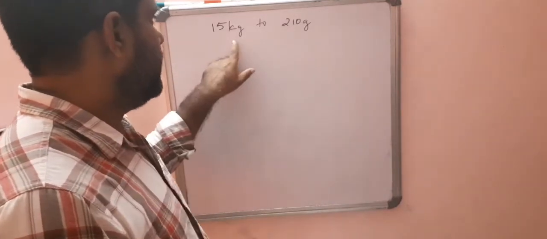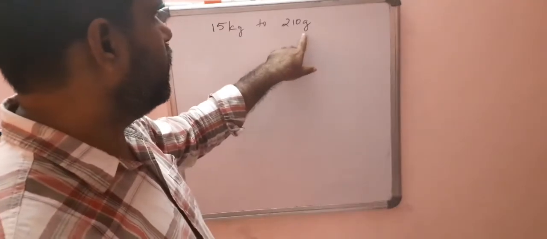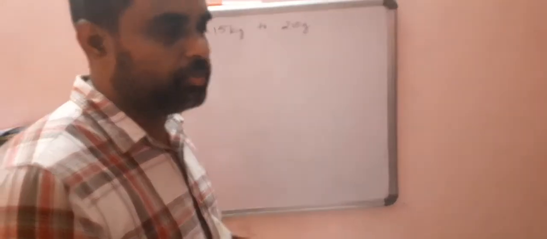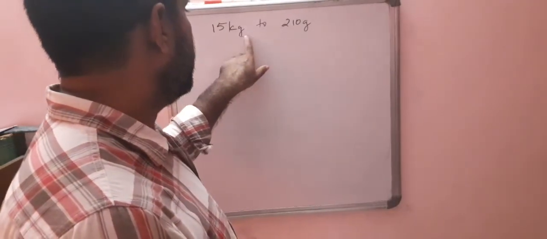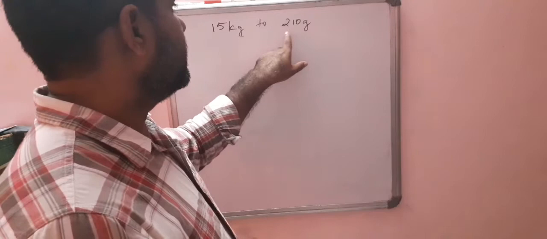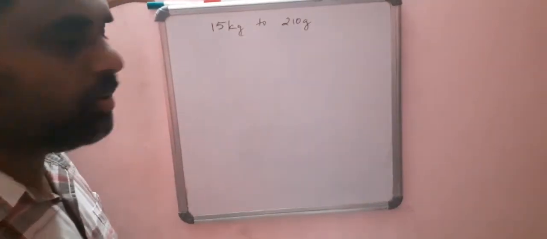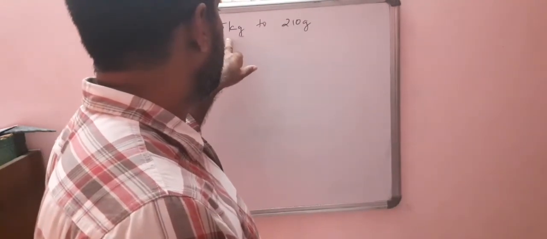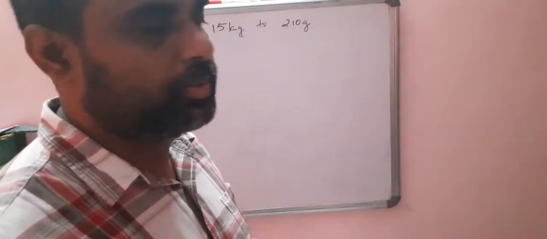Here you can see, as I already told, we have to have the same unit for both quantities. The first quantity is in kilograms, whereas the second quantity is in gram. So we can make this kilogram also into gram and then find the ratio.